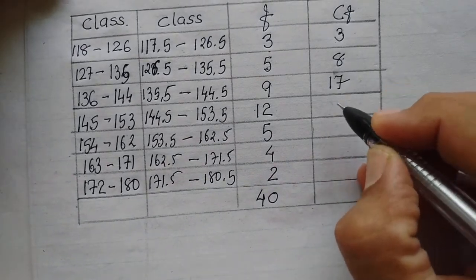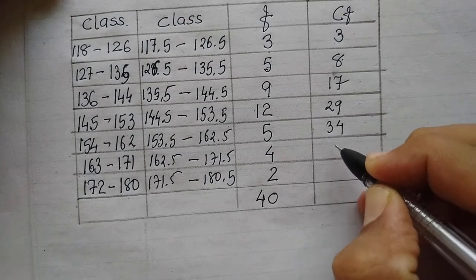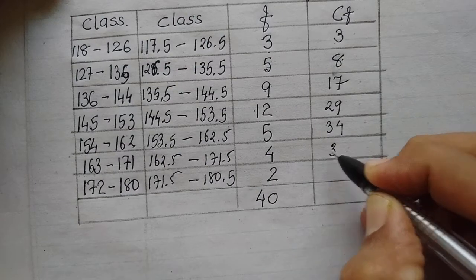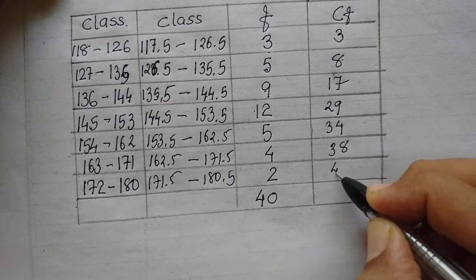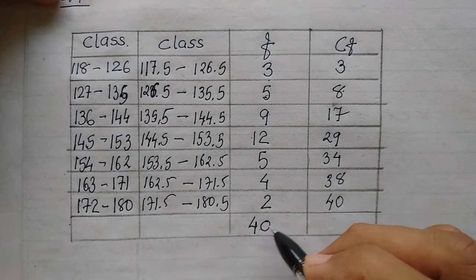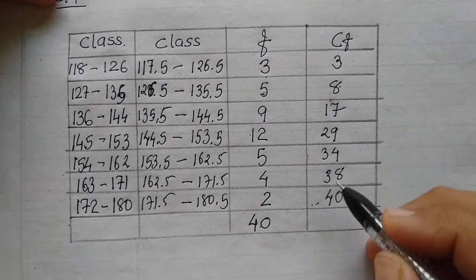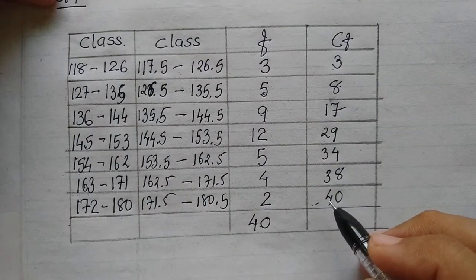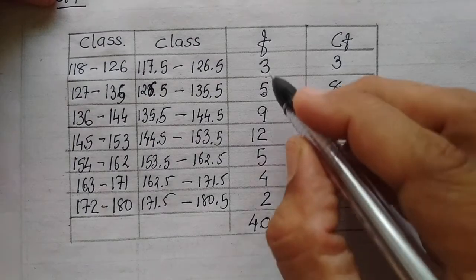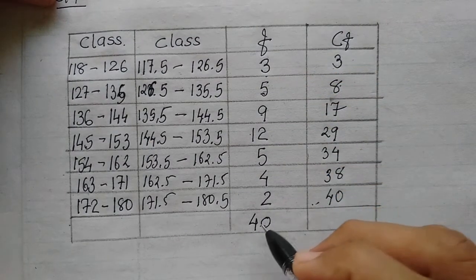Cumulative frequencies: 17, 29, 34, 38, 40. These two numbers should be the same, which means the calculation is right. Sometimes a mistake is made here, so we check that we are getting the same number.